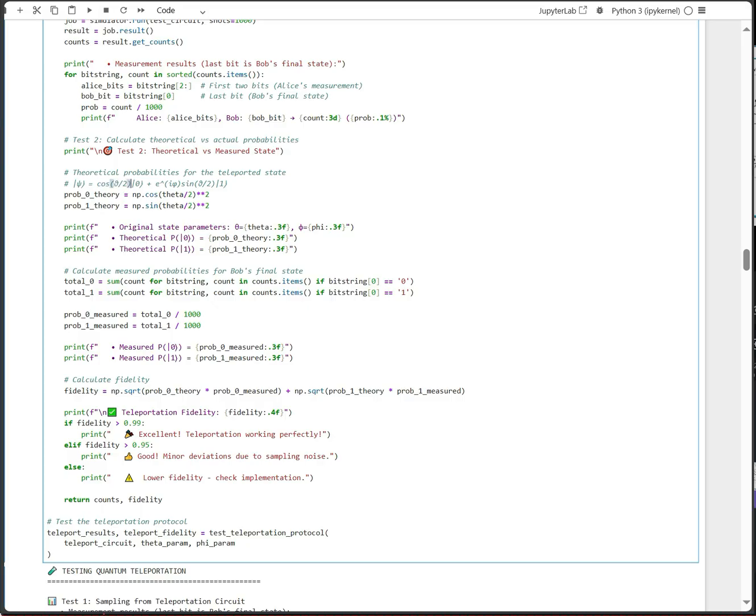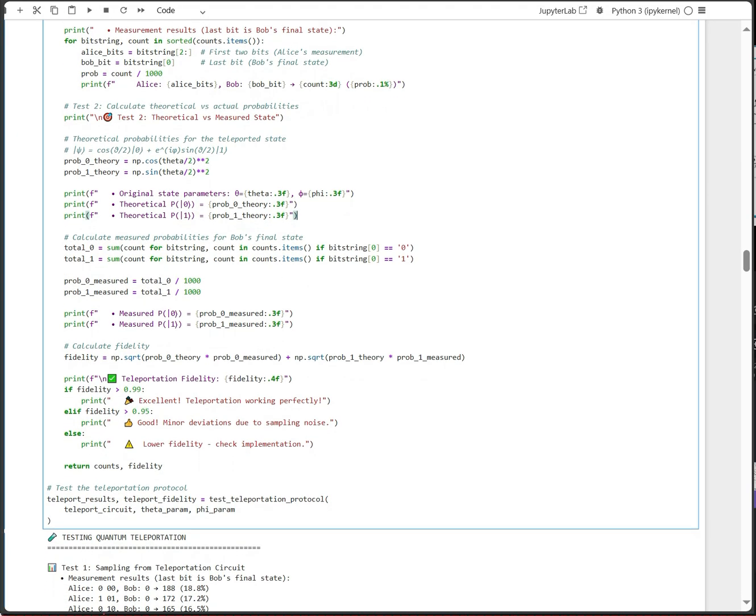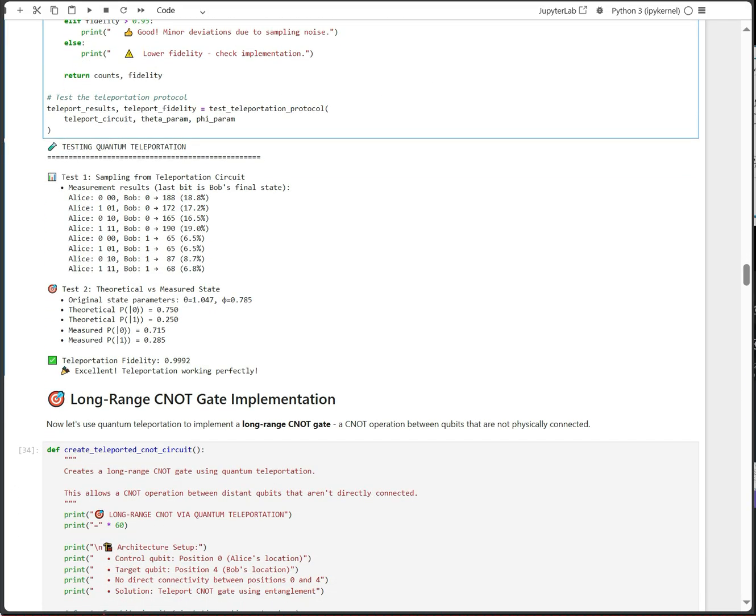So the square of this and the square of this, the norm squared in general, which is going to be cos squared plus sin squared equals 1, and that's going to be the probability. And then you can check the parameters. Here I just have mainly a lot of prints, so you can observe and check that, with this testing.